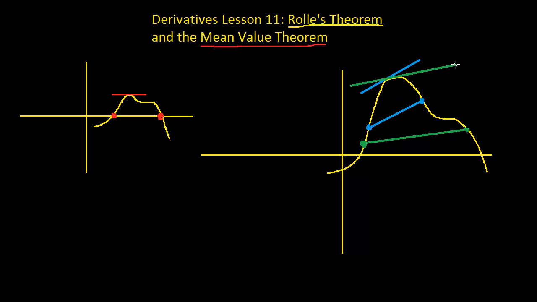Looks like right about there. And so all we're saying here is we pick 2 points, look between them, and we'll find one point. For the green, it's here. For the blue, it's right before it, where the derivative there will match the slope of that secant line.